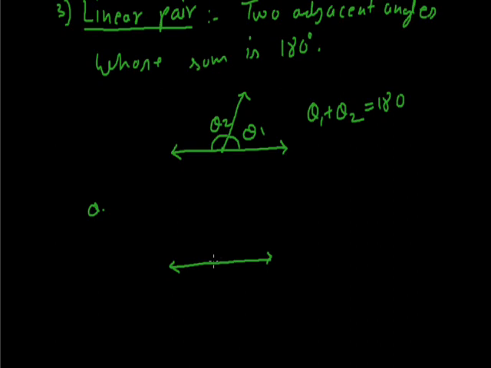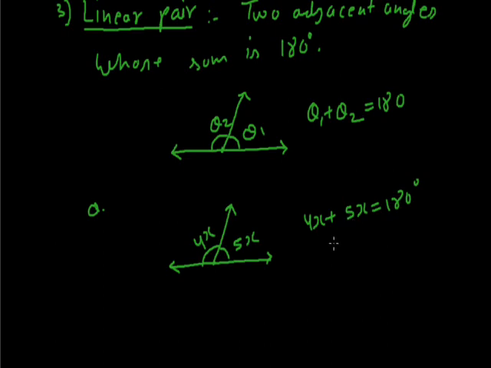Let's say there is a straight line and there is a ray. Let's say this angle is 5x and this angle is 4x, then what should be the value of x? As 5x and 4x are made on a straight line, the sum of these angles should be 180 degrees.